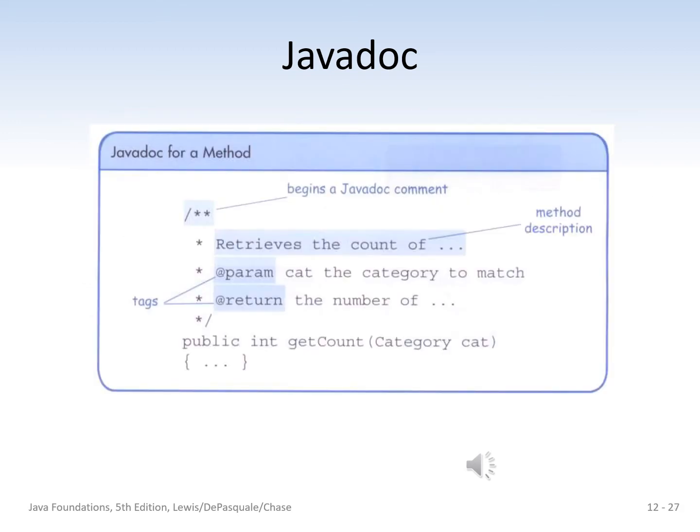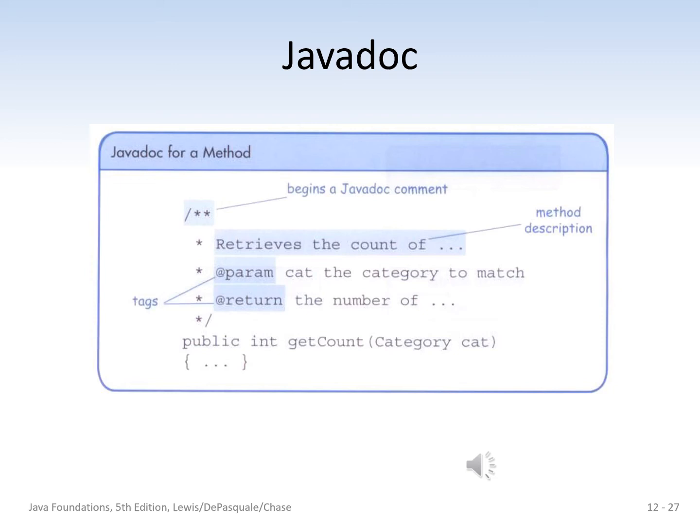So we're going to start using JavaDoc comments within our class definitions. Here is a simple example of a JavaDoc for a method that we'll just say we wrote. There you can see the beginning, JavaDoc comment slash asterisk asterisk, immediately followed by the method description.